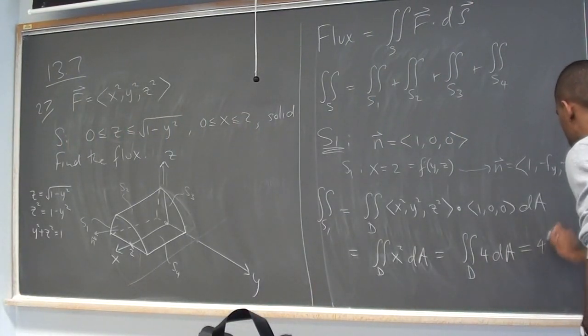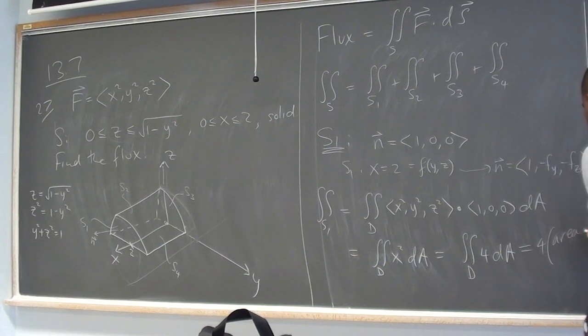This is 4 times the area of a semicircle of radius 1. You could go the long way and set it up with polar coordinates, but I don't really want to do that. So this is 4 times pi over 2 times r squared. So S1 is 2 pi.